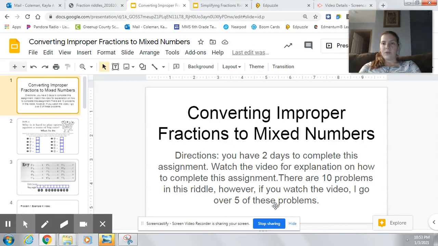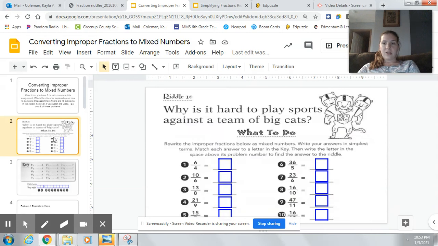And I'm going to do a few examples of this fraction riddle with you just to help you out a little bit. So again, this is another fraction riddle, just like the one we did with simplifying fractions and like what we did with identifying fractions. Except with this one, you are changing improper fractions.